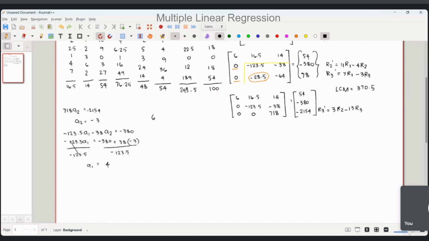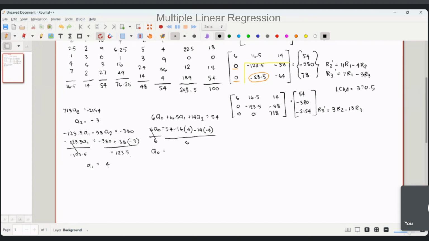So we have 6A0 plus 16.5 A1 plus 14 A2 equals 54. So that would be 6A0 equals 54 minus 16 times 4 minus 14 times -3, divided by 6.